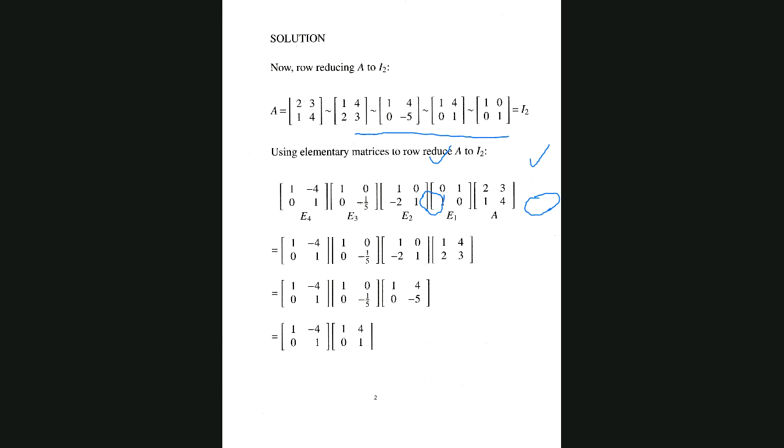Now, for every one of those row operations that we did, there's a corresponding elementary matrix such that if we multiply the matrix A on the left by it, we can simulate the row operation. So let me give you a chance to copy this down. These are our elementary matrices.